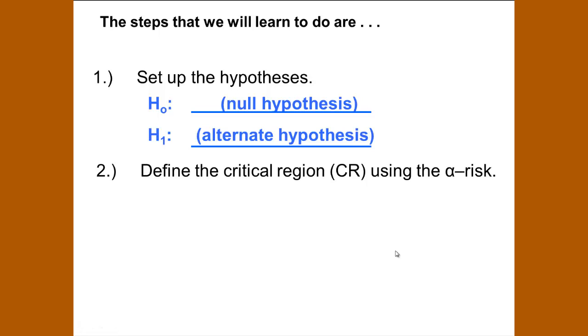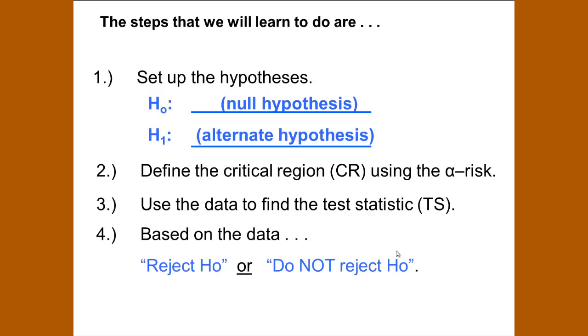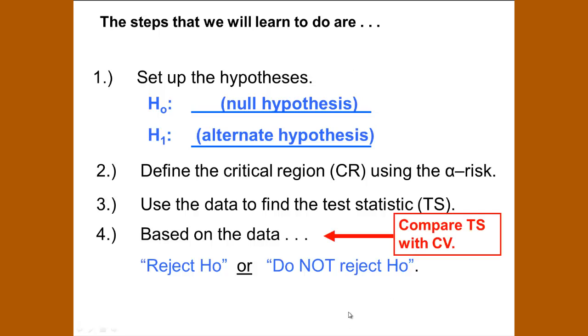Step 2 is to define the critical region, abbreviated CR, using the alpha risk. Step 3, use the data to find the test statistic, abbreviated TS, and based on the data we will make a conclusion, either to reject the null H0 or to not reject the null H0.